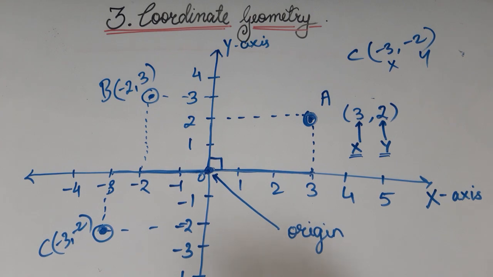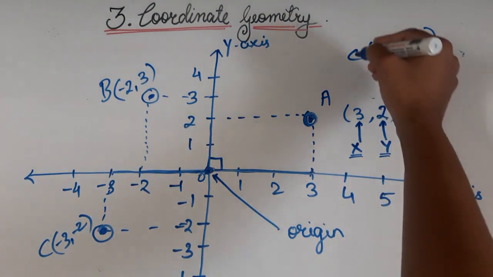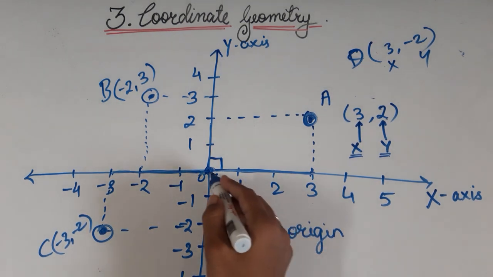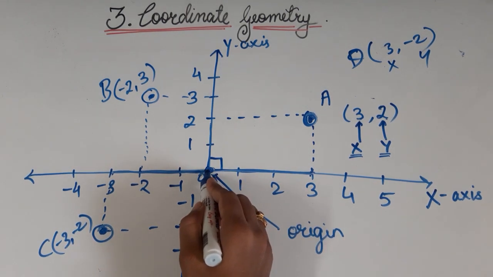Whose coordinates are (-3, -2). Okay, and let us take one more point, say (3, -2), and let us name this point D. So again start from the origin, the x coordinate is 3, so you will go on the x axis to the right side because it is +3.